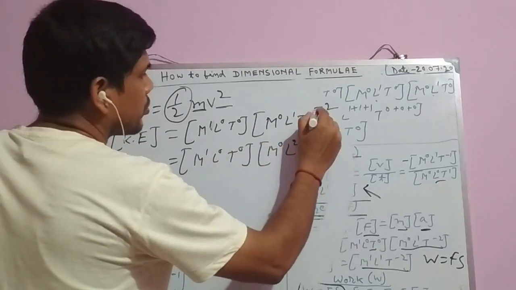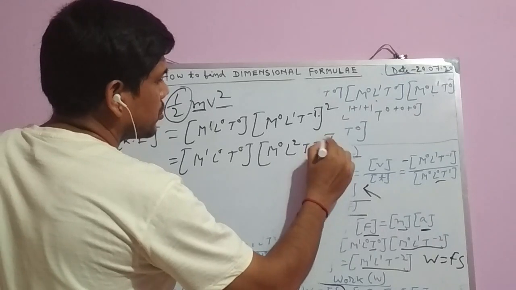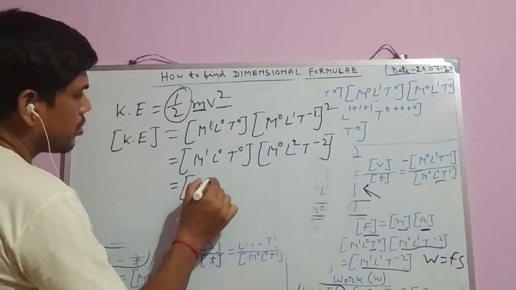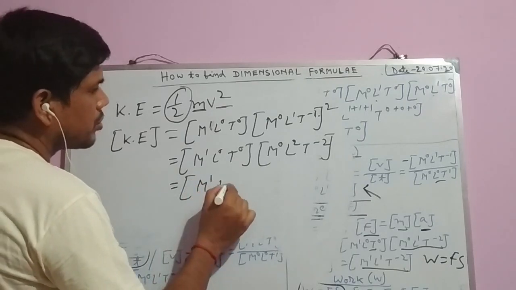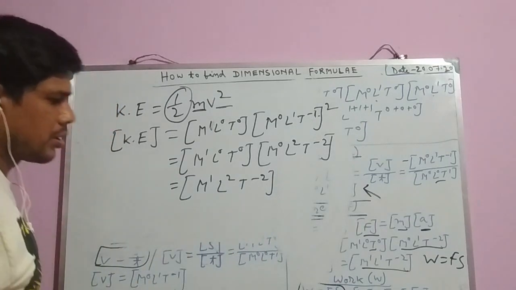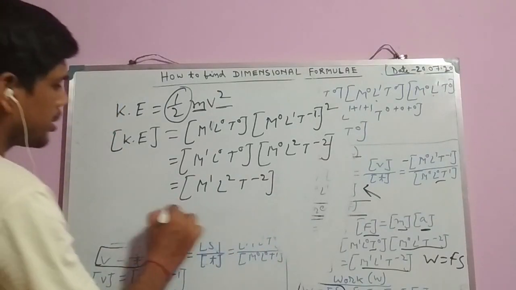Sorry, not minus 4, it will be minus 1 times 2, minus 2. So M^1 L^2 T^-2. This is the dimensional formula of kinetic energy.